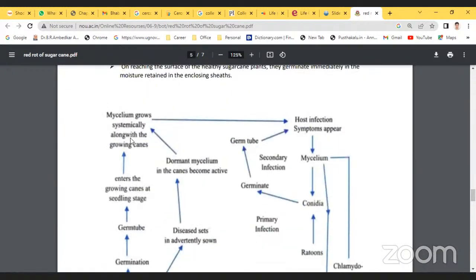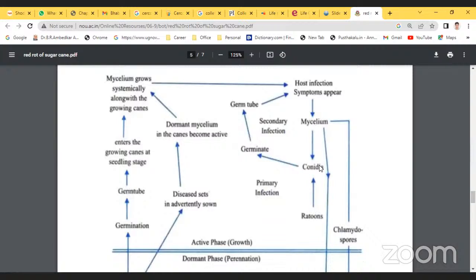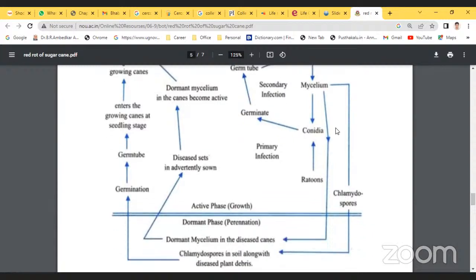The mycelium grows systemically along with the growing canes. Then the host is infected and symptoms appear. The conidia germinate, and this is the secondary infection. Then it goes to the dormant mycelium in the diseased canes.